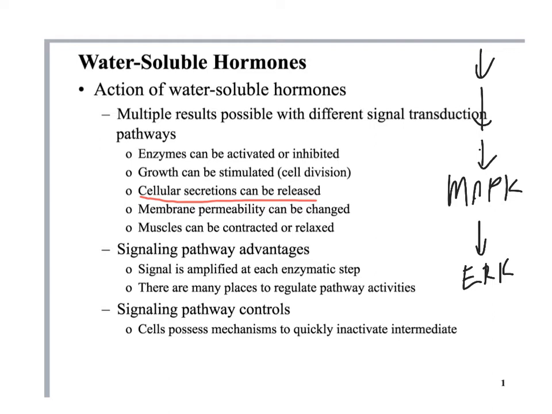Say there are 5 different enzymes in this pathway, and there's more, this is oversimplifying it. Each one of those enzymes is also a target for potential regulation. Some other enzyme can shut it off or inhibit it in some way.